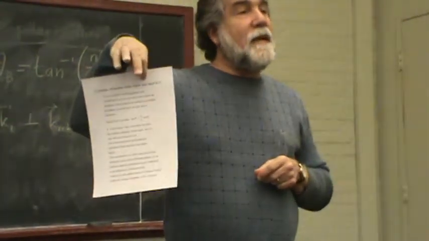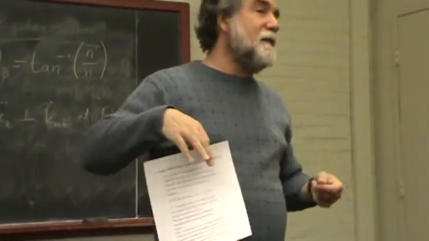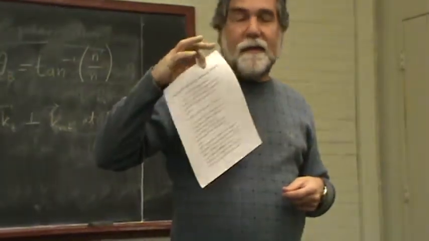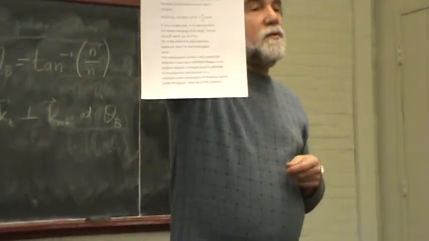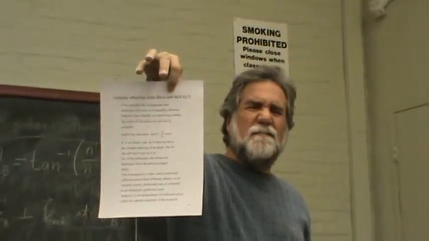In most cases, you'll see Jackson, page 300, Ohanian, page 317, Griffiths, those are the main things. But in this case, my source is Born and Wolf.